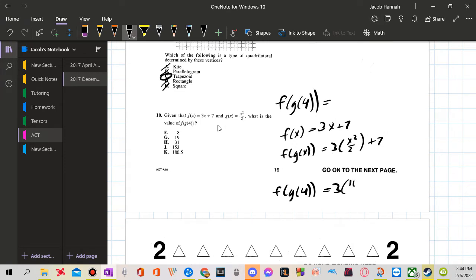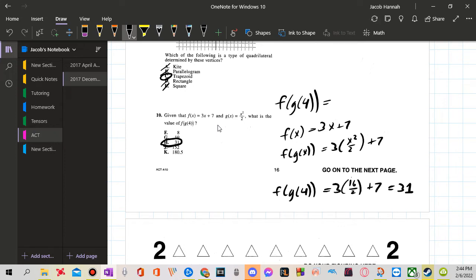So 4 squared is 16, divided by 2 is 8. 3 times 8 is 24. 24 plus 7 is 31. So do this on your calculator.